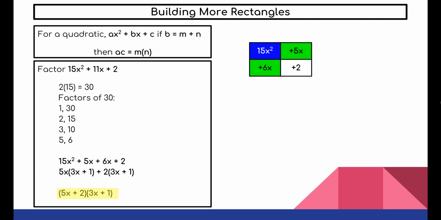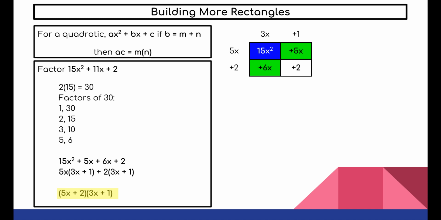And we can look across the rows and columns and identify common factors. The common factor across the row 15x squared plus 5x is 5x. The common factor of 6x and positive 2 is plus 2. The common factor of 15x squared and 6x is 3x. And the common factor of 5x and 2 is 1.